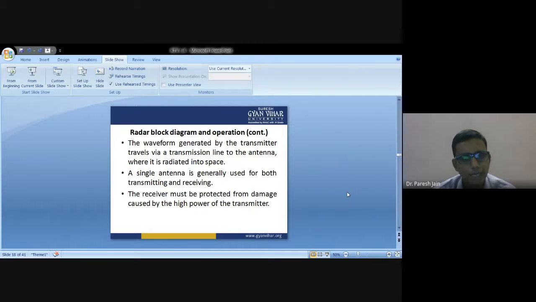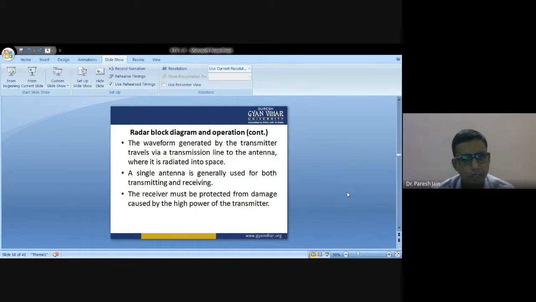A single antenna is generally used for both transmitting and receiving. We have already discussed that the single antenna is generally used in the radar system as a transceiver, which works as the signal transmitter and receiver.